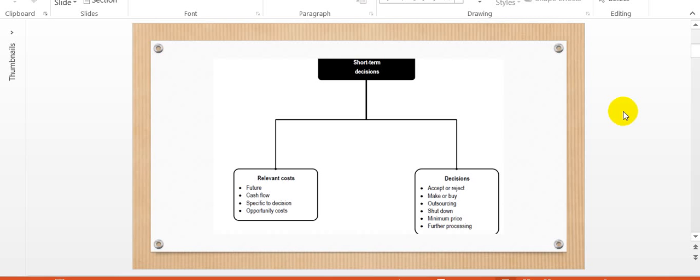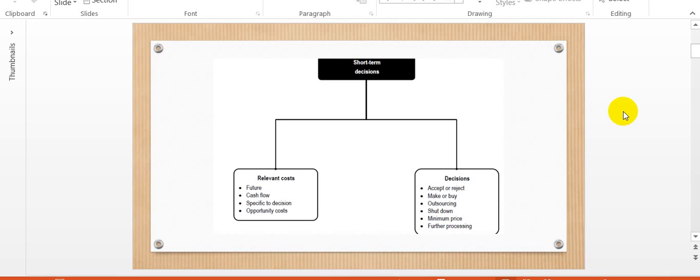It's also used when you want to make a decision about outsourcing a product. We also use it in shutdown decision making, where you would want to decide whether you should shut down part of the business process.